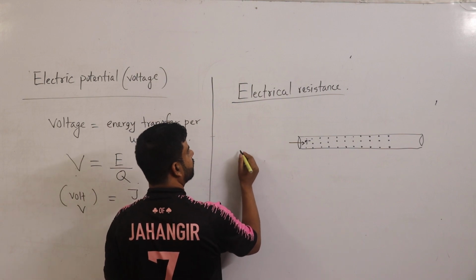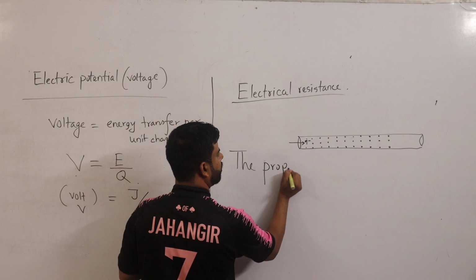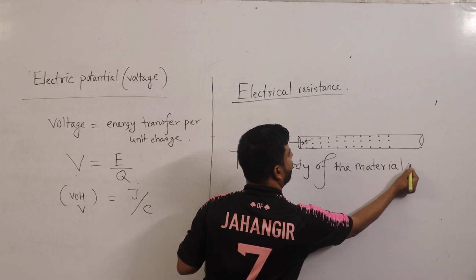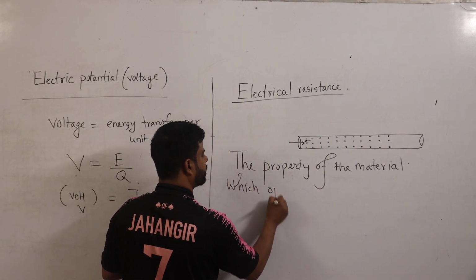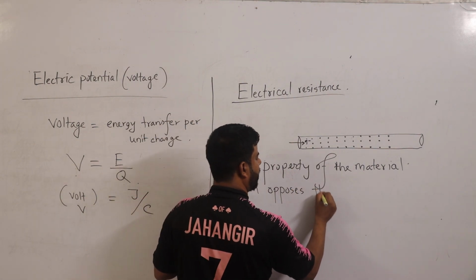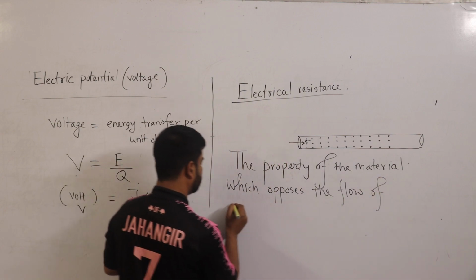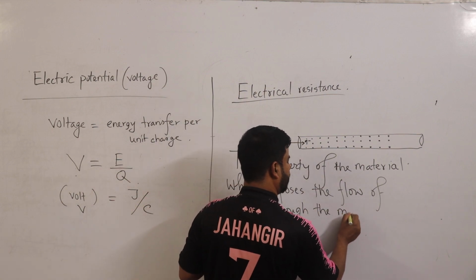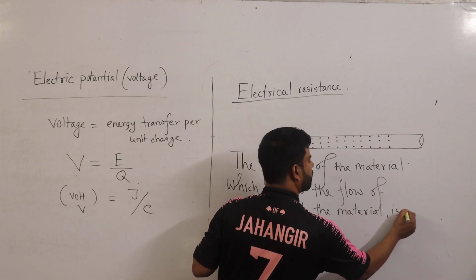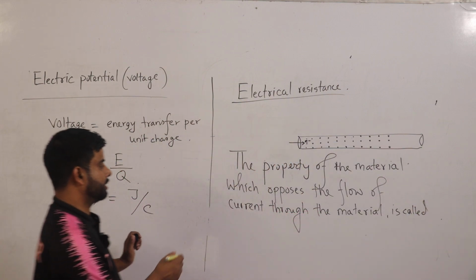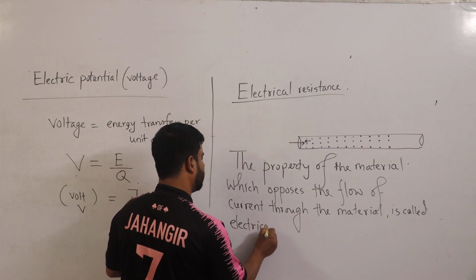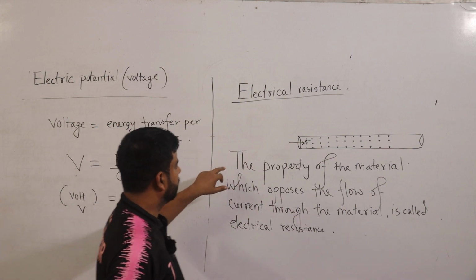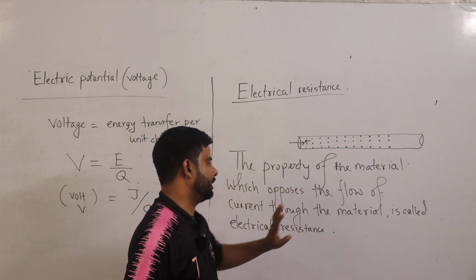So the property of the material which opposes the flow of current through the material is called electrical resistance.